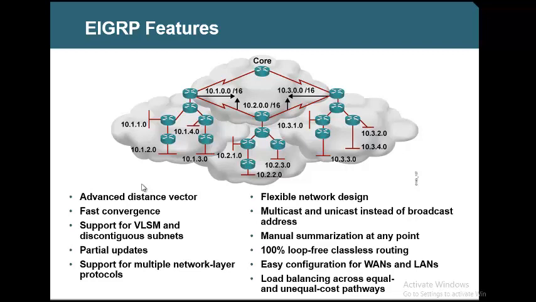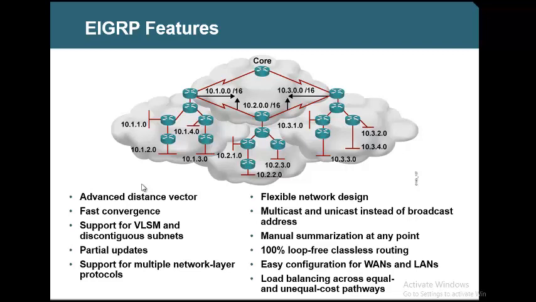So very few packets are dropped during this convergence, during this adapting to the network change, during this change of route. Only few packets get lost, not too many, because in few seconds this will switch over. Not like 240 seconds in RIP. RIP is very slow. 240 seconds. Here almost immediate.